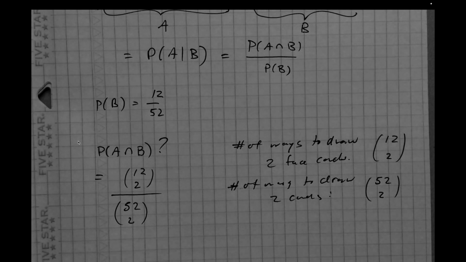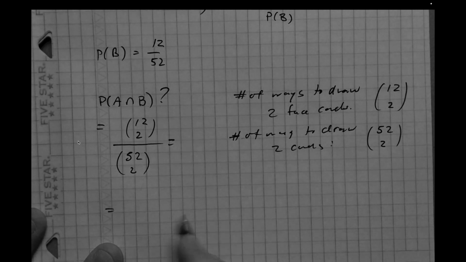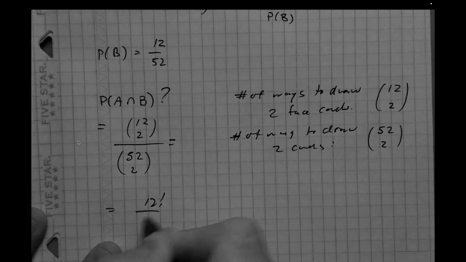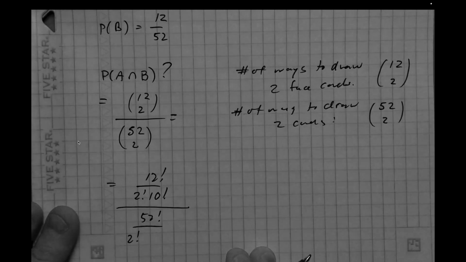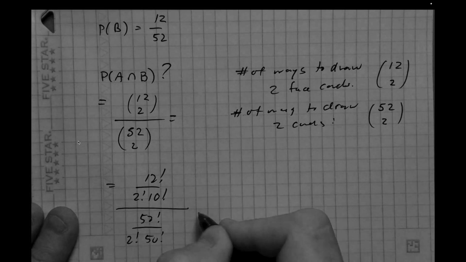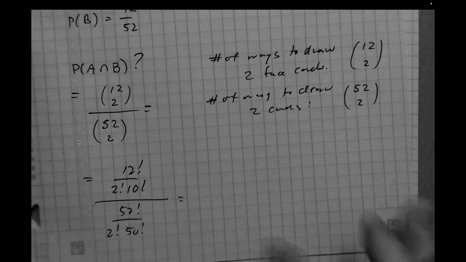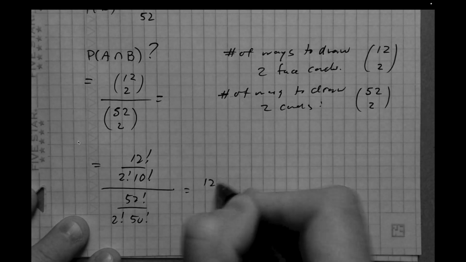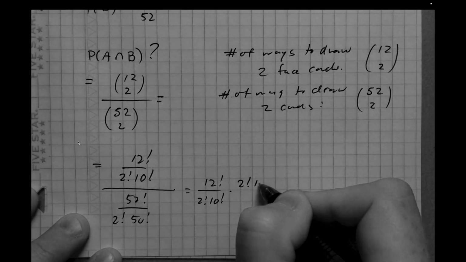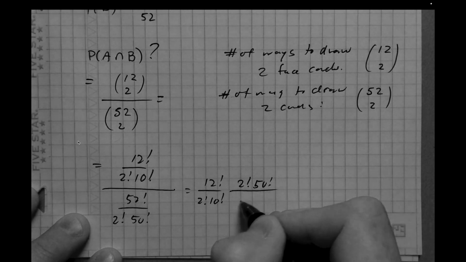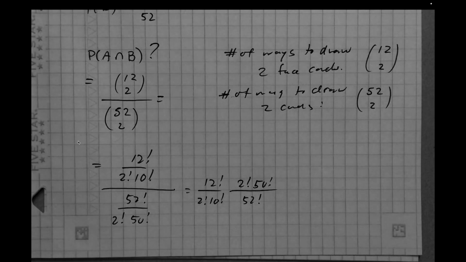Okay. And this is a little combinatorics problem, and so we can work this out. So this would be 12 factorial over 2 factorial times 10 factorial. And we would be dividing that whole thing by 52 factorial over 2 factorial times 50 factorial. Okay, and just organizing this, we get 12 factorial, 2 factorial, 50 factorial over 52 factorial, 2 factorial, 10 factorial.